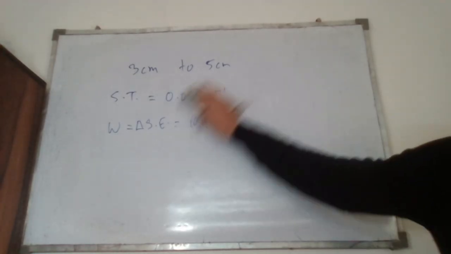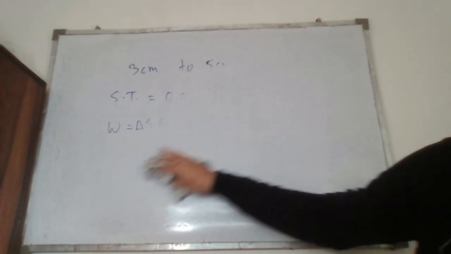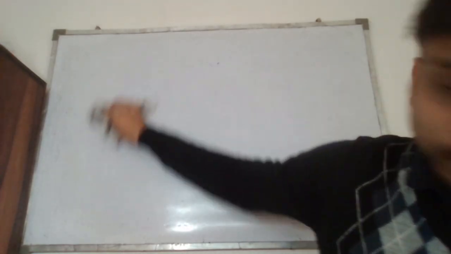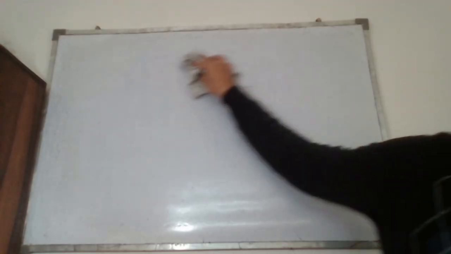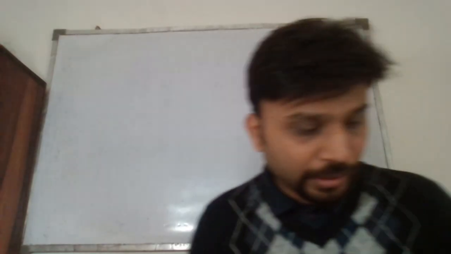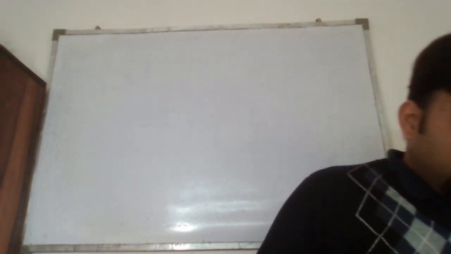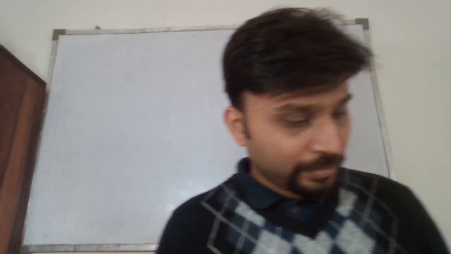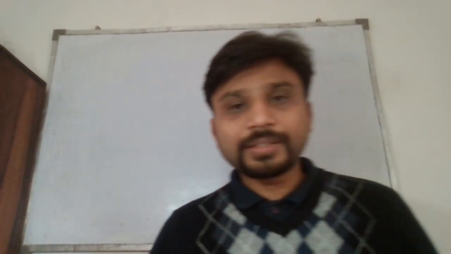Next, we have a question of two mercury drops, each of radius r. They merge to form a bigger drop. The surface energy of the bigger drop would be... So this is rather a trivial question.